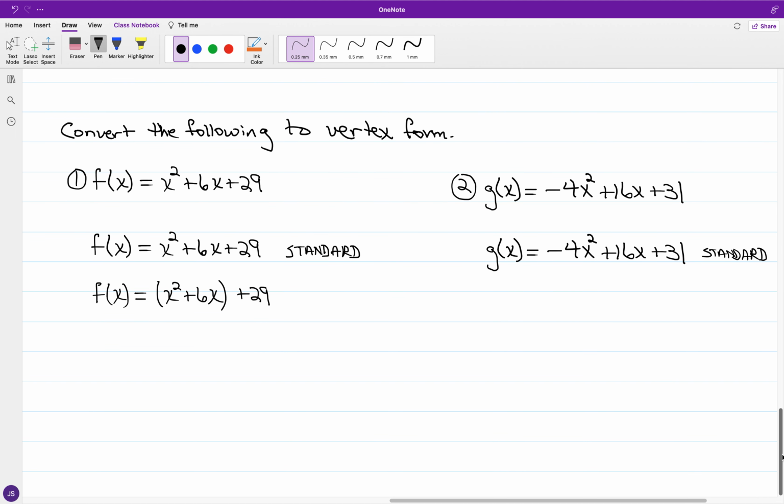The first term in the parentheses is x squared, so there's nothing to factor out, and I can jump into the completion of the square. Whatever is next to the first order x, I'm going to take half that number and square it. So 6/2 is +3, and +3 squared comes out to 9.